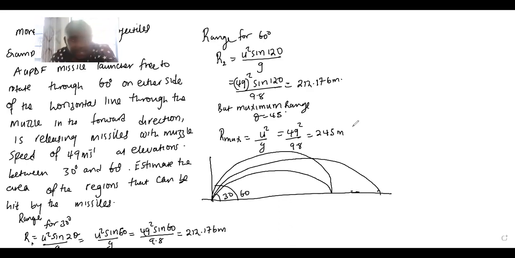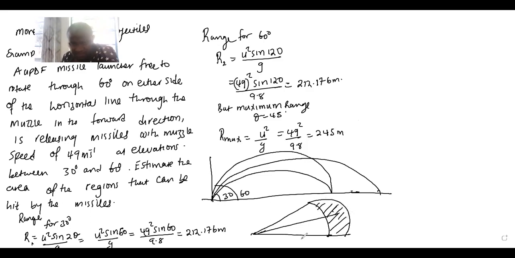Now the question wanted what? Estimate the area of the regions that can be hit by the missile. First of all, we have seen the two ranges. If you have a sketch like this one, just to interpret the ranges, this is the area where the missiles can hit.